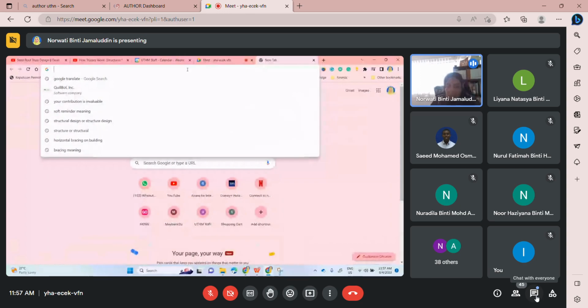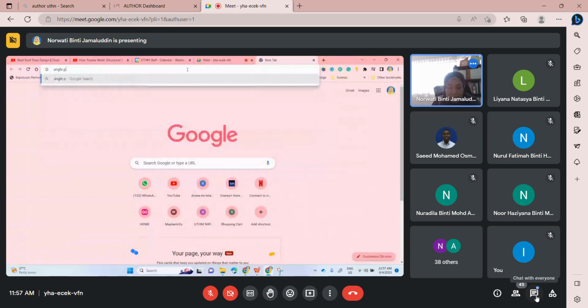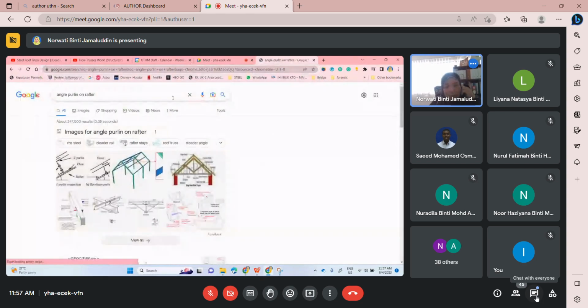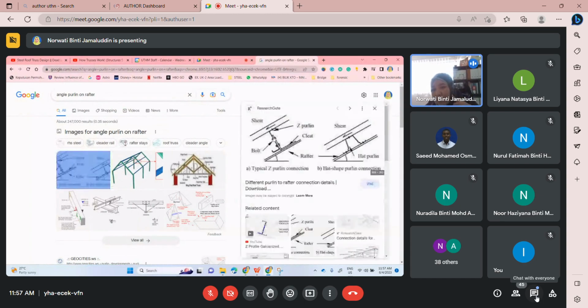Angle purlin on rafter lah. We try. Okay. See, this one is using Z section. For no, I don't think hot roll ada.